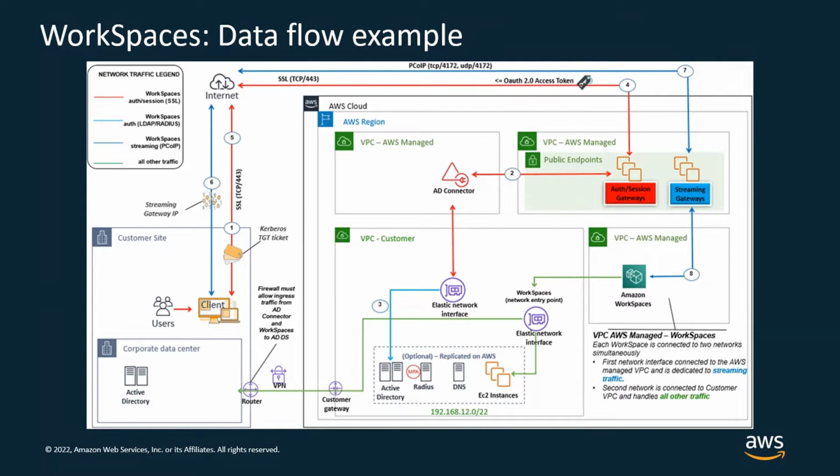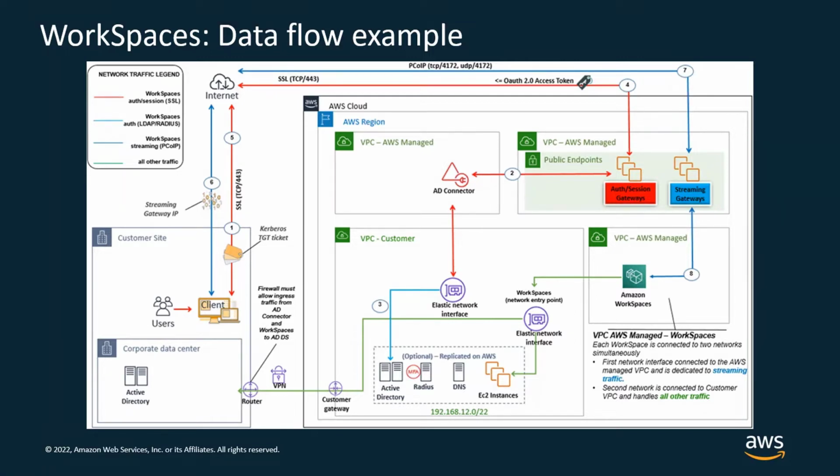So as that authentication happens, it hits Active Directory. Active Directory validates the user's credentials. Those credentials generate a Kerberos token. That token is then assigned back to the user identity, at which point all authentication has happened, and then the user is going to open up a second TCP and UDP session, and that is where the streaming gateway IP is.